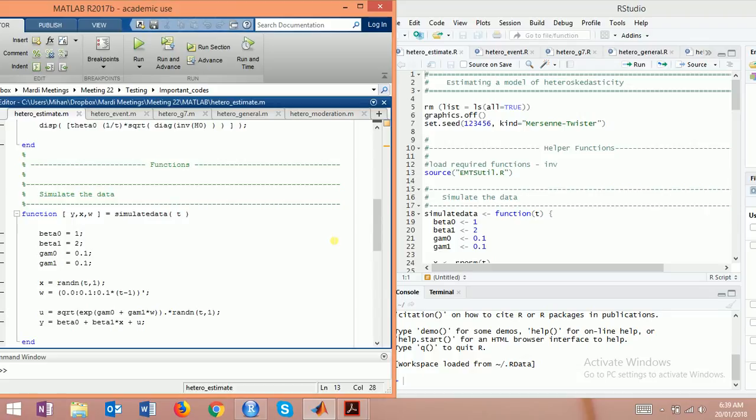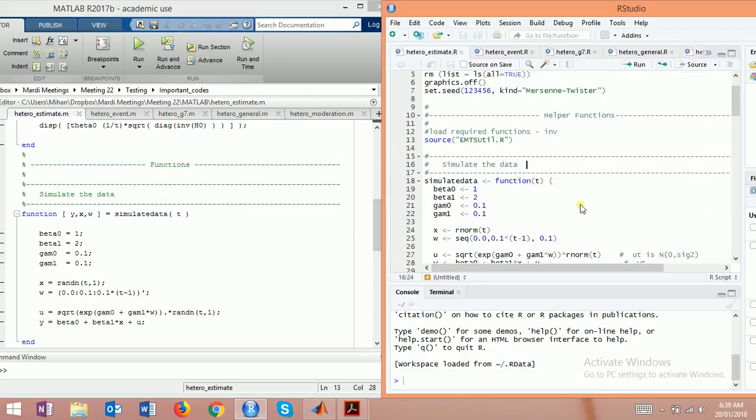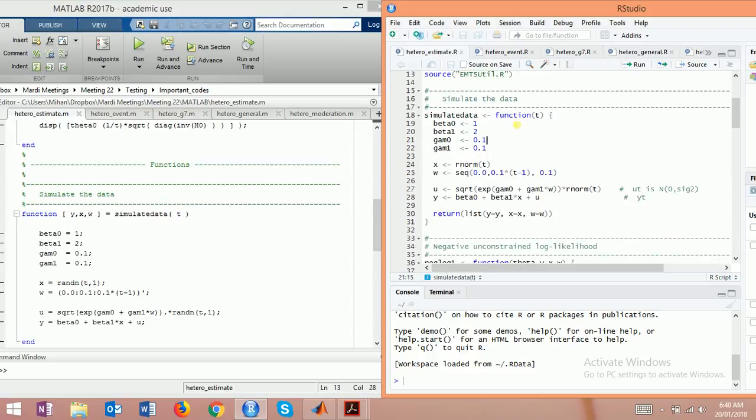In both cases, the function is simulate data, where the input is t and it gives us y, x and omega this time. So the function is simulate data, input t, and the return will be a list: x equals x, y equals y, omega equals omega.